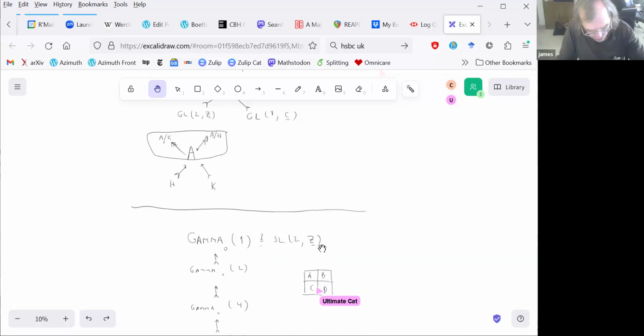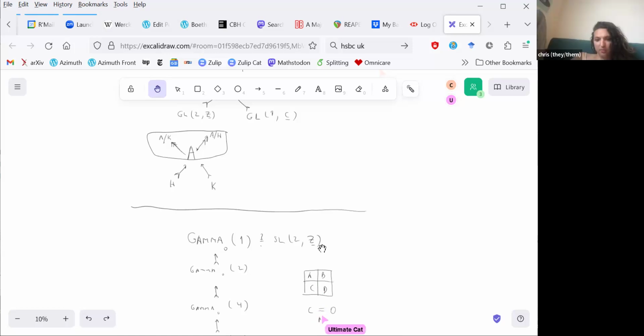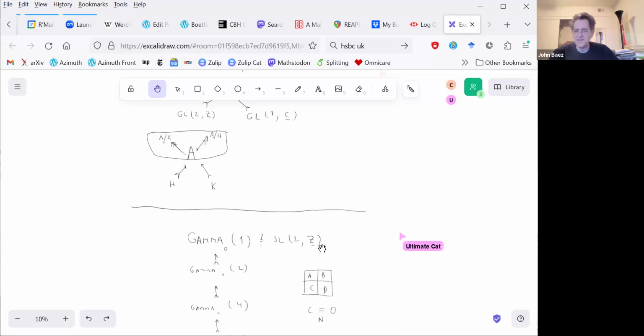I think it's going to be something like C is equal to 0 modulo n. Yeah. I think that's the definition of gamma sub 0 of n. And that makes sense. There's lots of different tricks that you could do, but I guess you could say they're upper triangular mod n.